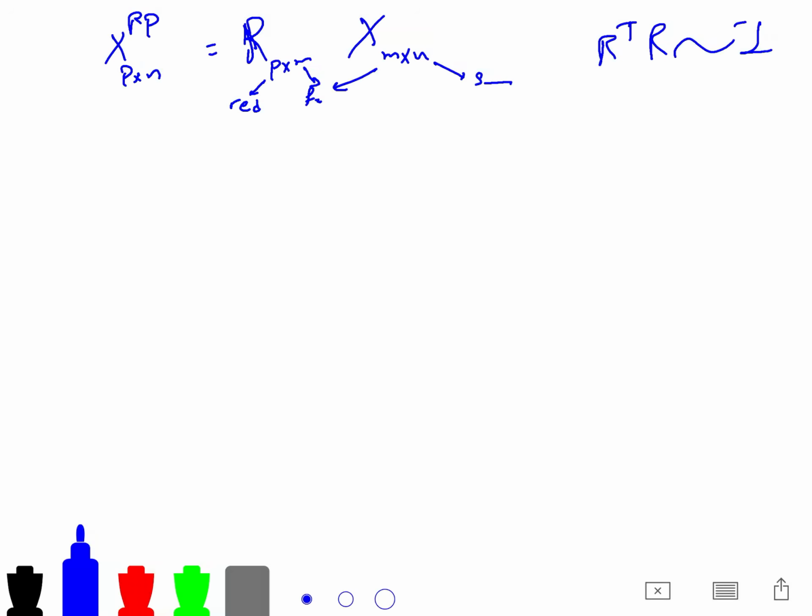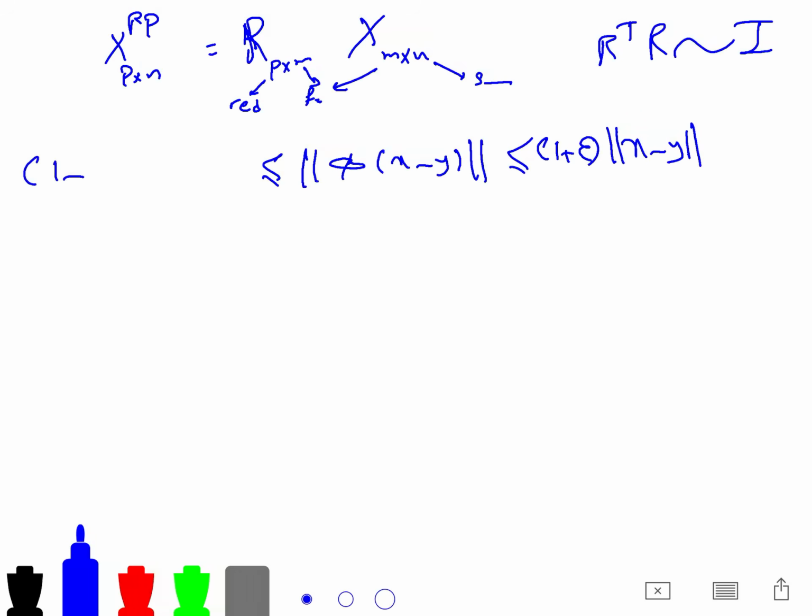And the interesting thing about the JL Lemma is that points in high-dimensional space can be linearly embedded in a space of much lower dimension, such that the distances between the points are nearly preserved. So this phi of x minus y is between 1 plus epsilon distortion and 1 minus epsilon distortion.